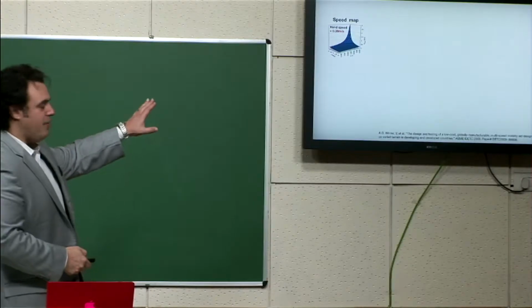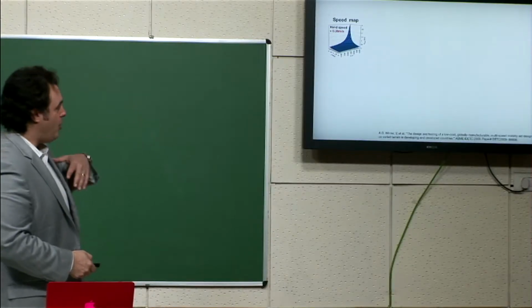So then what happened is we took this speed map of how fast the wheelchair should be able to go at a given hand speed, and we wanted to design a drivetrain ratio that would give us the best conversion of hand speed to wheelchair speed. So we took this speed map of how fast the chair should go, given the power we have available.